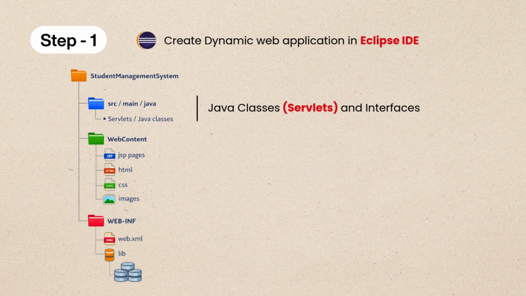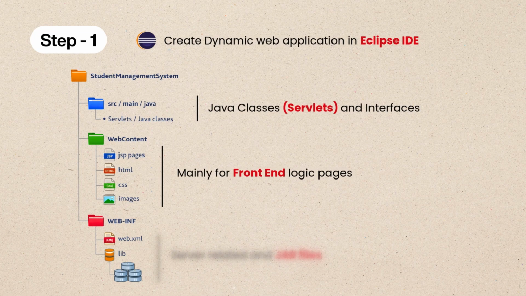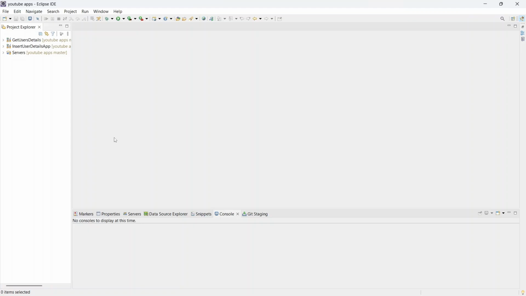In the web content folder, it has JSP pages, HTML files, CSS and images which form the front end of the application. In the web.inf folder, it contains server related files such as web.xml and the lib folder where external libraries are stored.